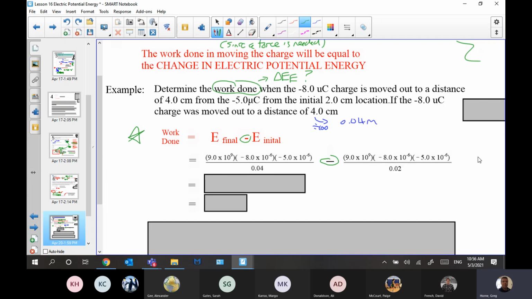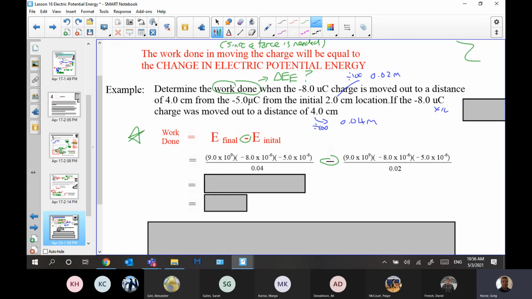Take away the energy it has at the initial spot. This one does the same thing, of course. Divide by 100, so we're talking about 0.02 meters.